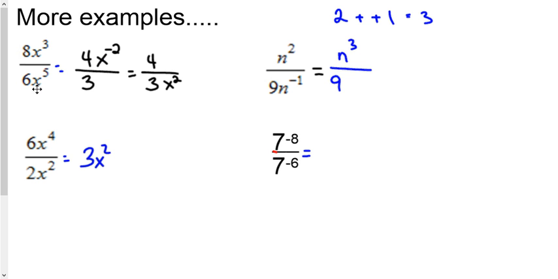It's like how it was here with the x and the n. So let's just do this. There's your 7. Negative 8 minus negative 6 is negative 2. This is a negative exponent, so move it down below to make it positive. Put a 1 there as a placeholder. There you go.